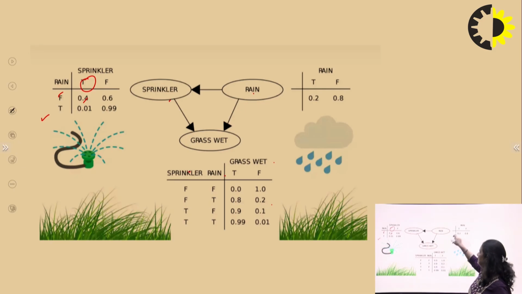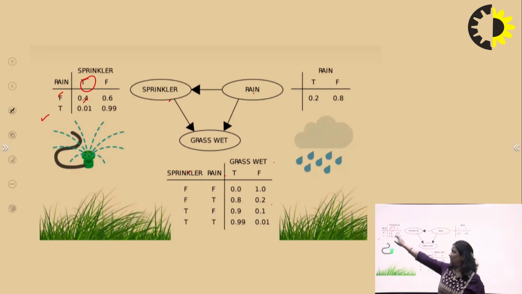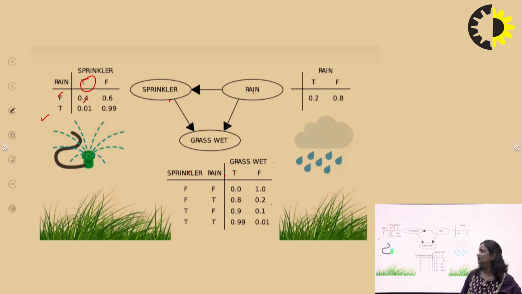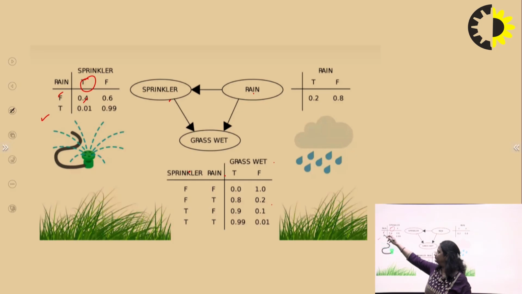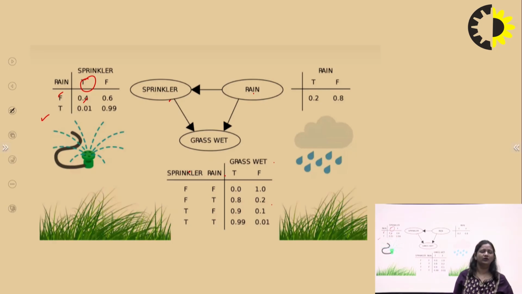The probability of rain is independent of other variables because rain is an independent variable, so there is a probability of rain or not rain. These are hypothetical values, or hypothetical probabilities. When there is no rain and there is a sprinkler, then this will be the probability, and so on.